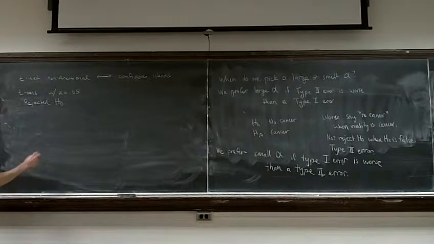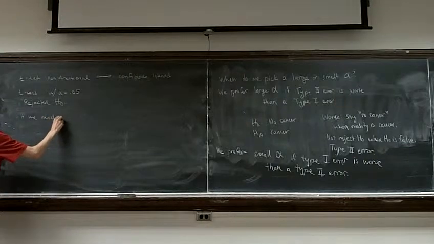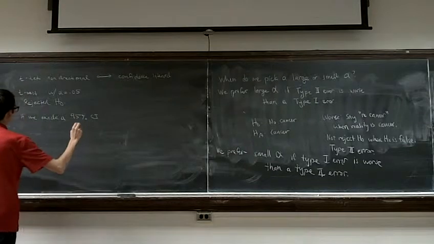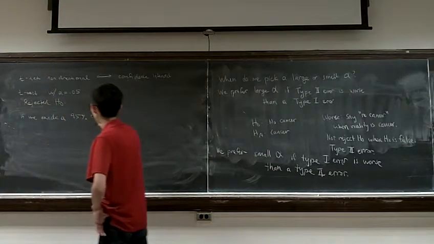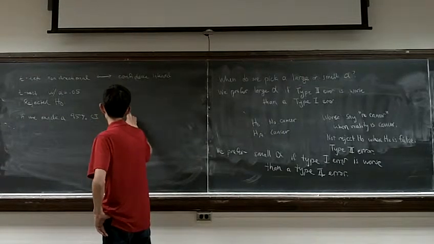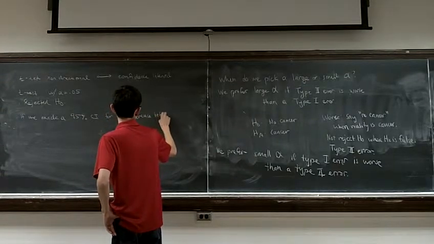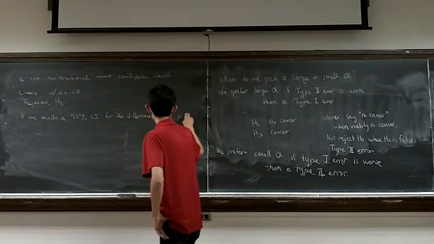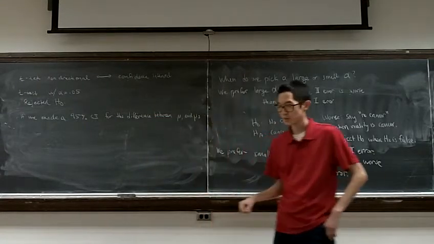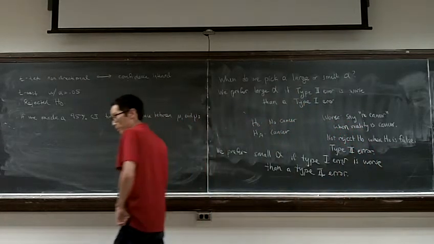So that means if we made a 95% confidence interval for the difference between mu1 and mu2, so mu1 minus mu2, what can we say about this confidence interval? Would it contain 0 or not contain 0?